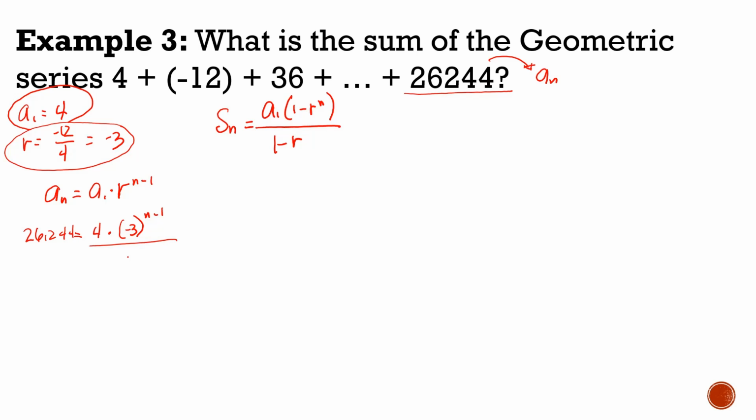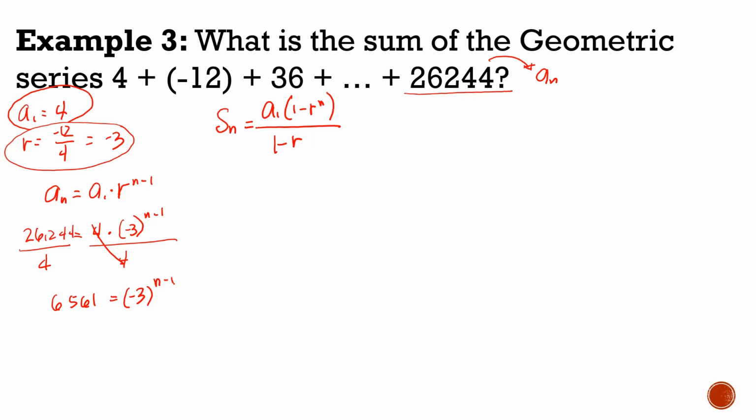From here we will divide both sides by 4 first. So 26,244 divided by 4 is 6,561 equals negative 3 raised to n minus 1.